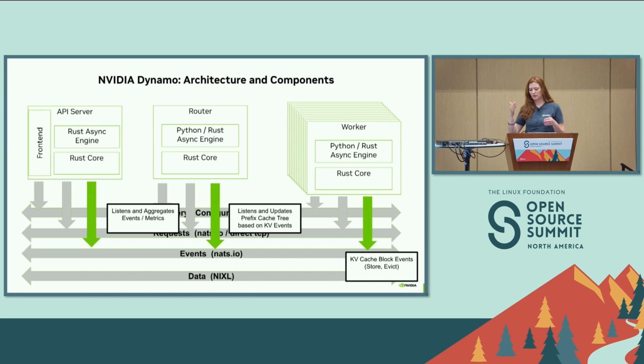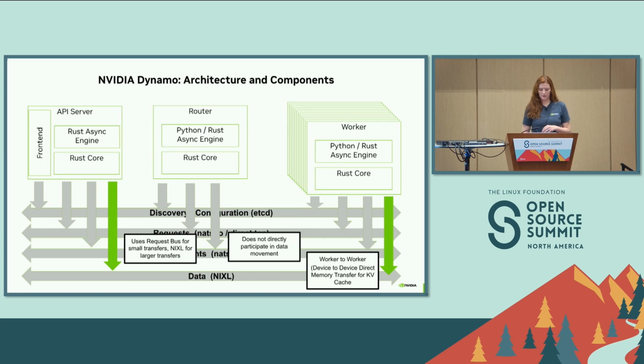For example, when a KV cache block is full and ready to be stored, the store event is emitted. The router or whoever will pick up this event and update the tree and the global view of which worker stores what KV caches. That's done through the event plane.